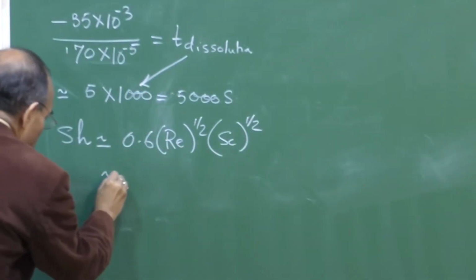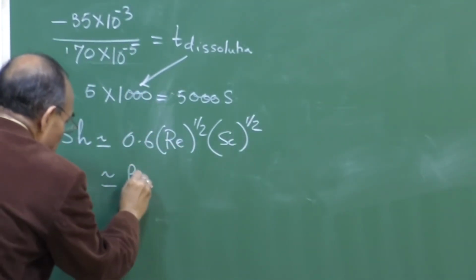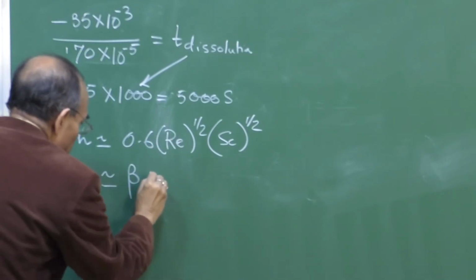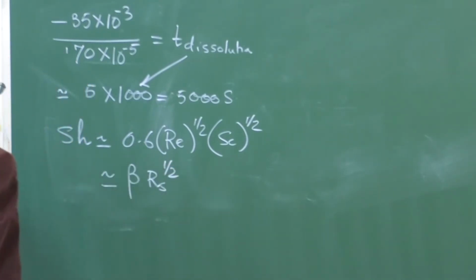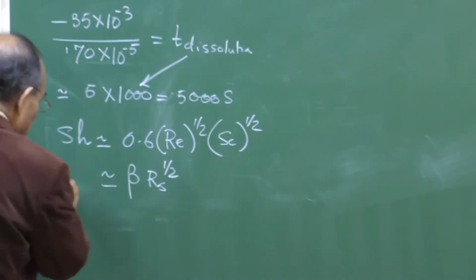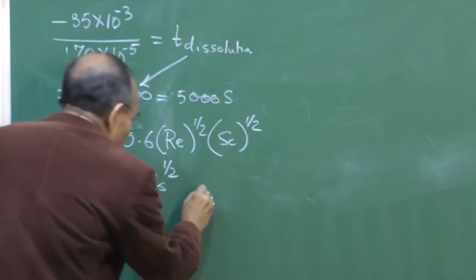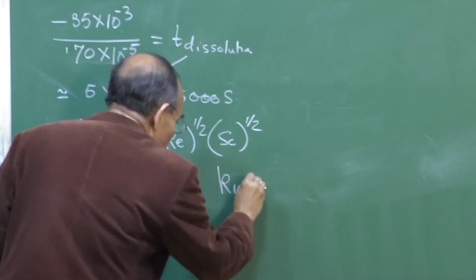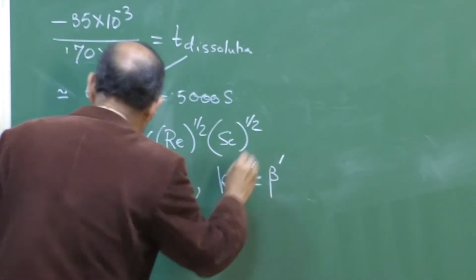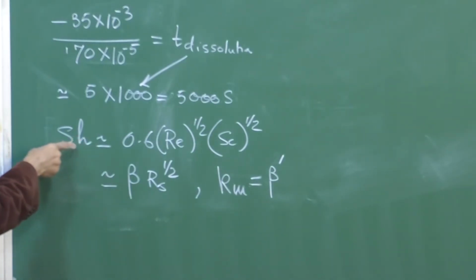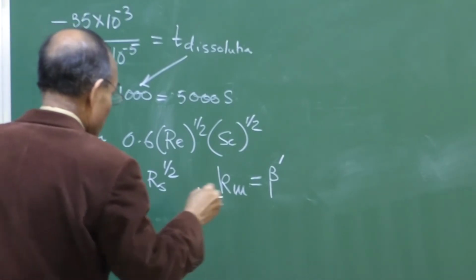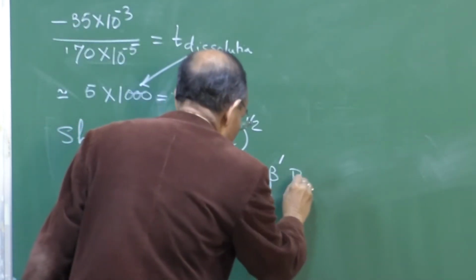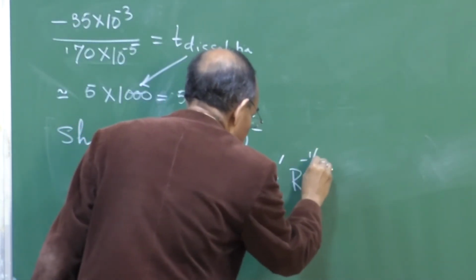So, this is actually beta times the radius of the sphere raised to the power half. Similarly, the mass transfer coefficient in that case is going to be beta prime, with diffusion, and the radius of the sphere raised to the power minus half.